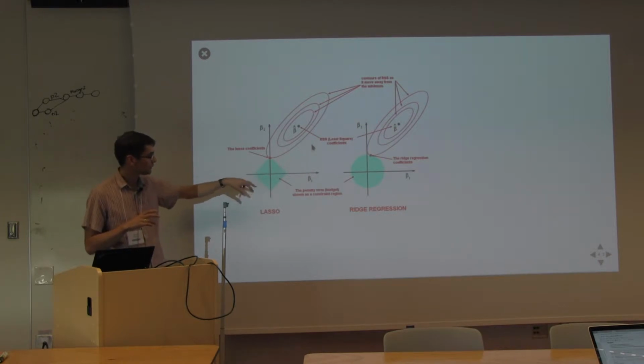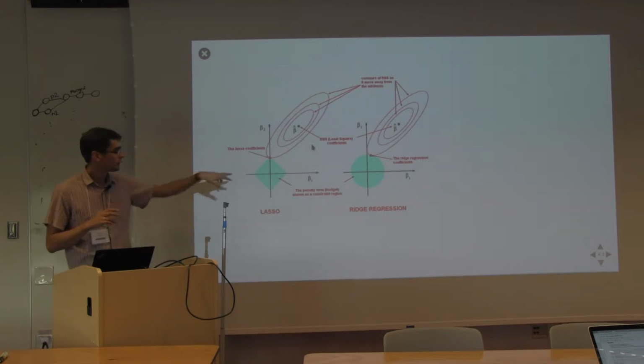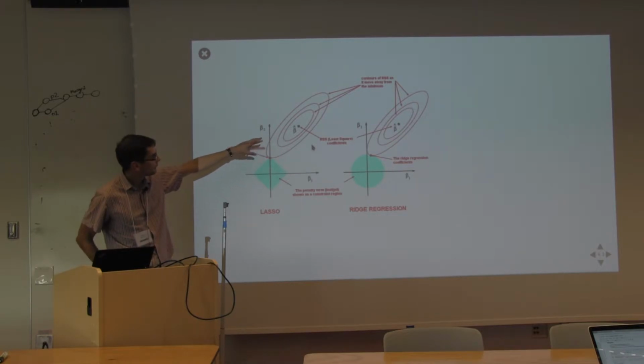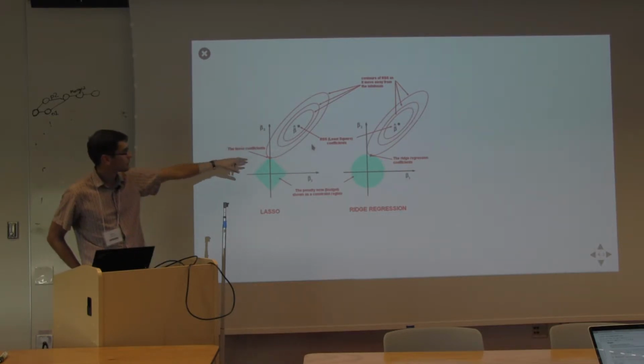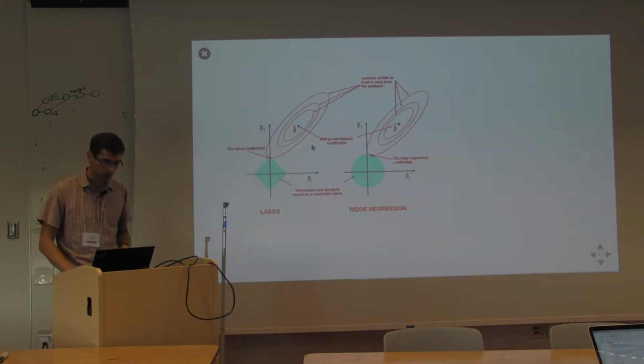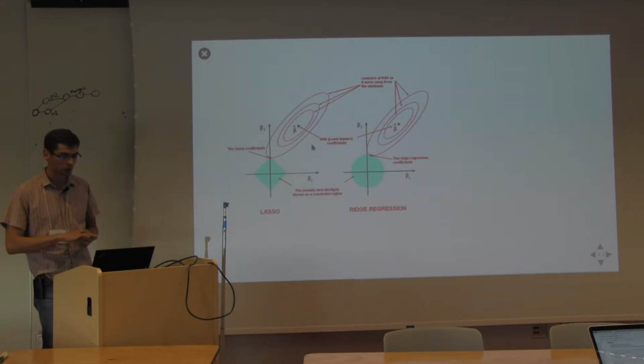So it's kind of a constraint, and you would like to find where your level lines touch the boundary. It's a comparison of two types of regularization, L1 and L2.